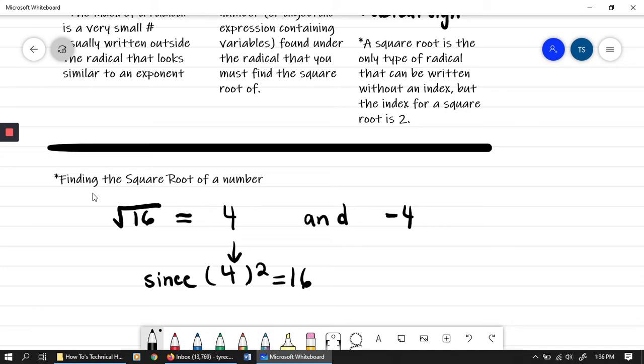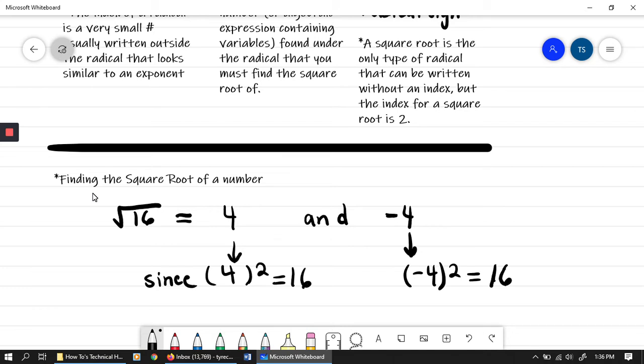And if you do it in reverse for negative 4 squared, it still gives you positive 16. So there are technically 2 numbers that when you multiply them by themselves, give you 16.